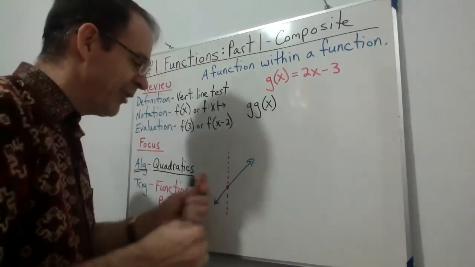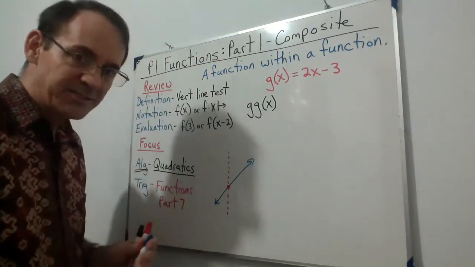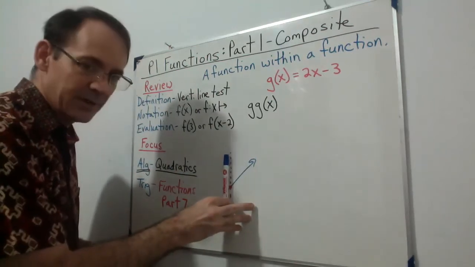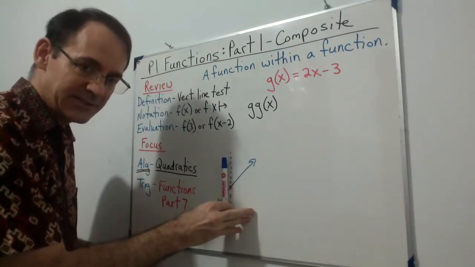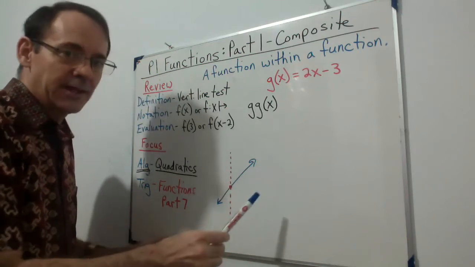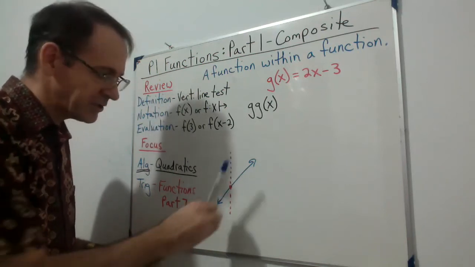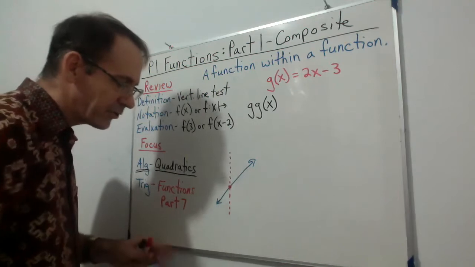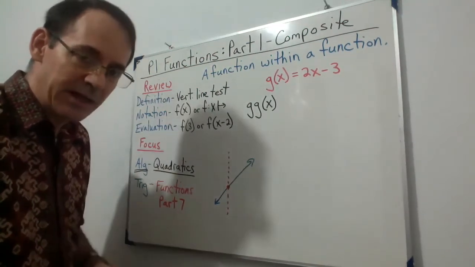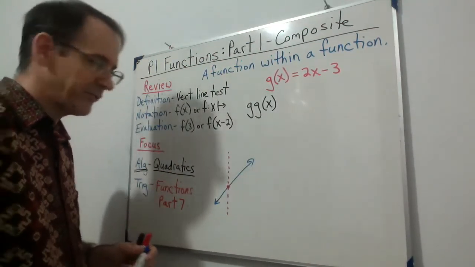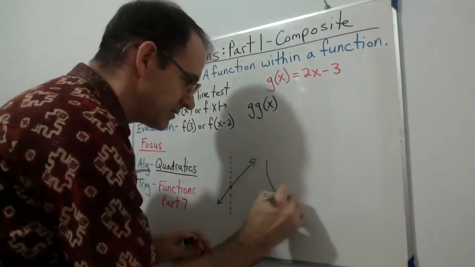So all lines are functions except, of course, the vertical line itself. So most lines classify as functions. Only the vertical line, which would be like an x equals a number, would not classify as a function. Parabolas.